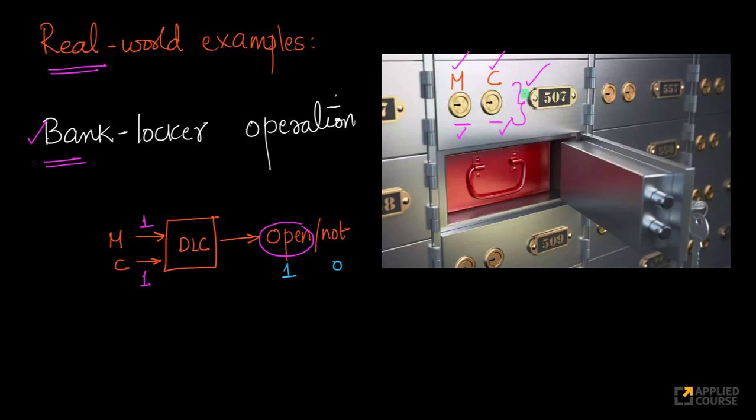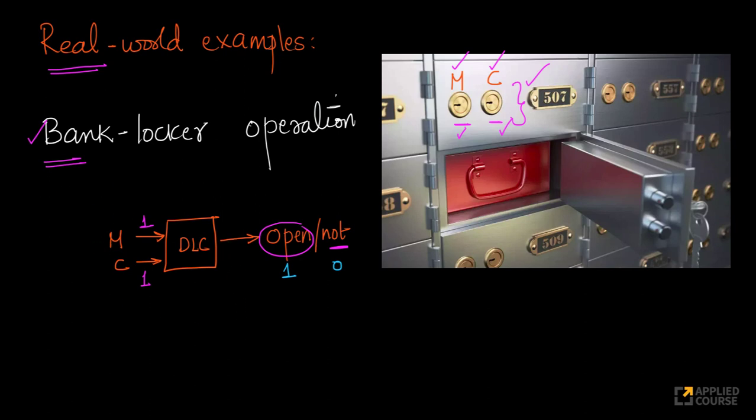But imagine if you were to digitize this system, the logic is very simple. If both the manager key and the customer key are valid, then it should open, otherwise it should not open.